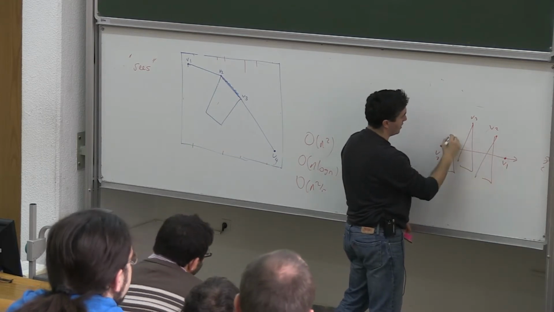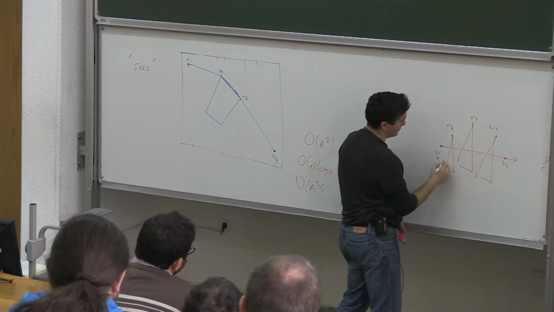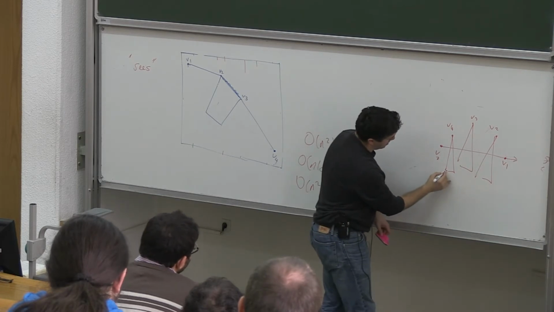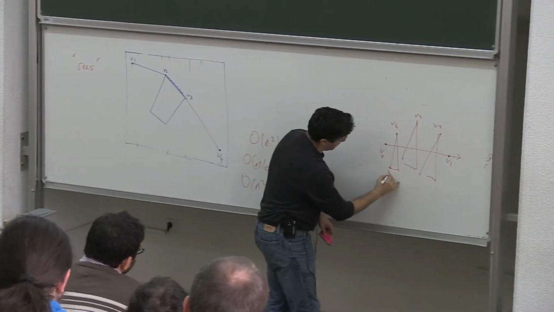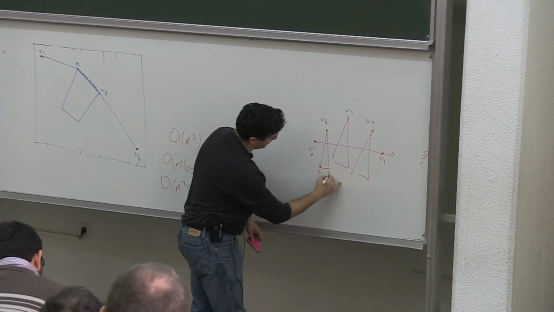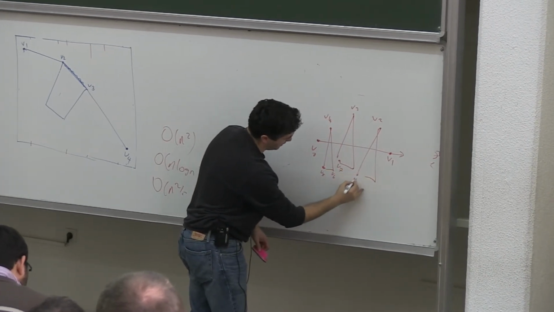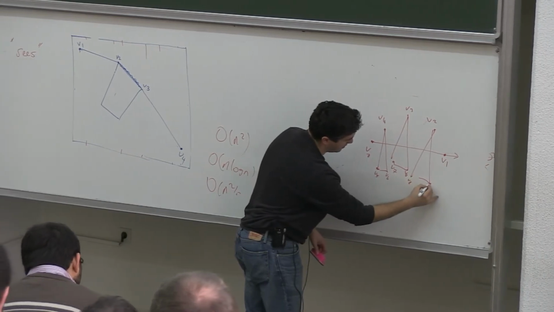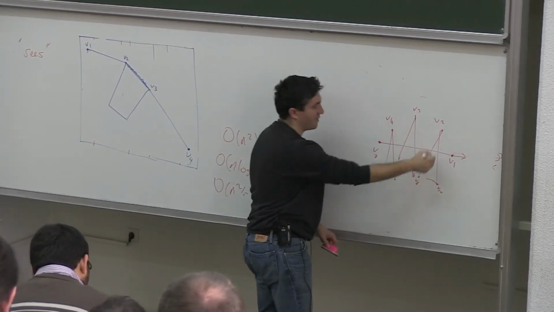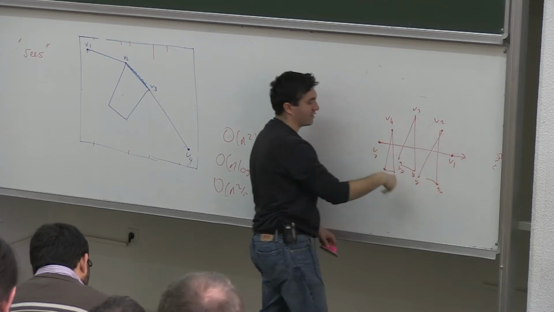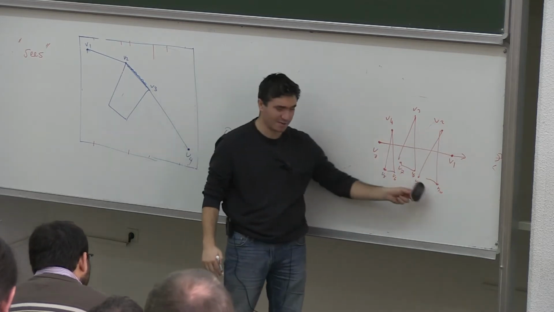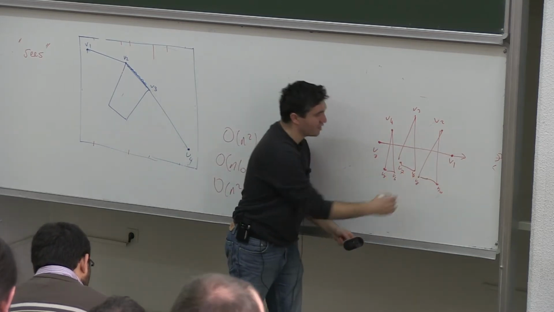So V2, V3, V4, V5, V6, V7, V8, V9, V10, something like that. If you rotate along this line, it may not be correctly sorted, but you get the idea.